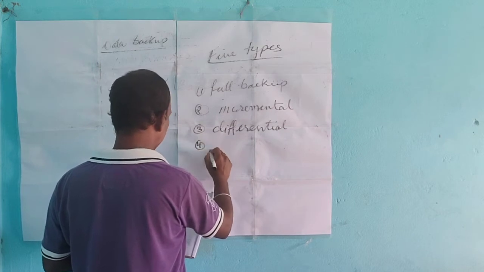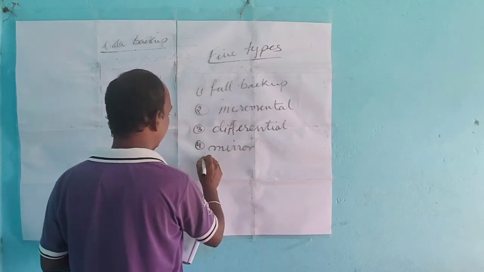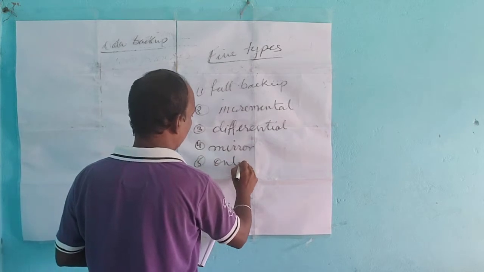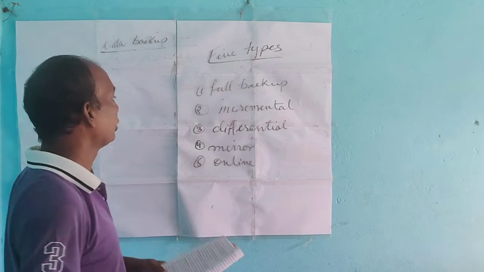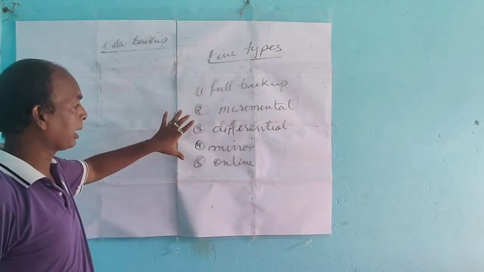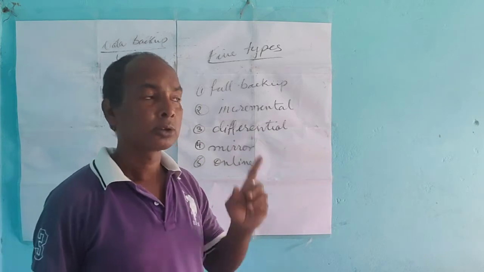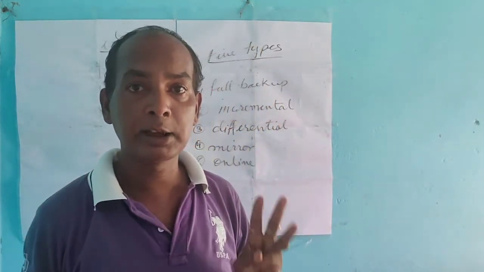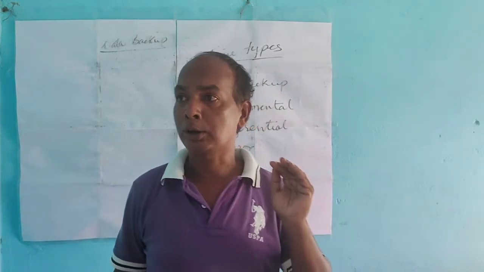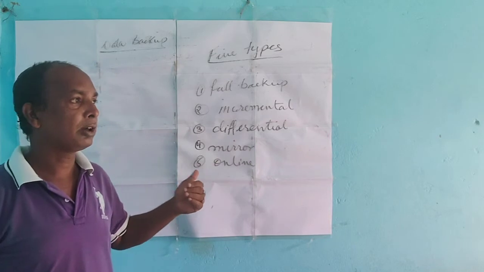Number 4 is mirror backup, and number 5 is online backup. Out of these 5 types of backup methods, which method we have to choose depends on the 3 factors, so that we choose the appropriate backup for our daily use.